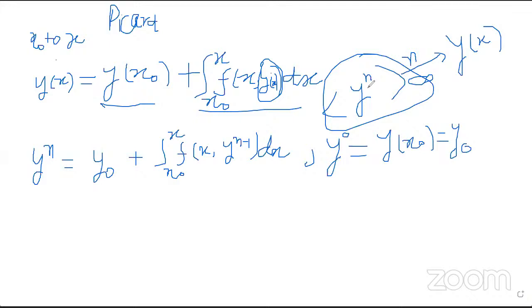It means that as n gets bigger and bigger, the term of the sequence will be closer to the exact one. So in that way we generate a sequence of approximations, and each member of the sequence is an approximation to y(x).